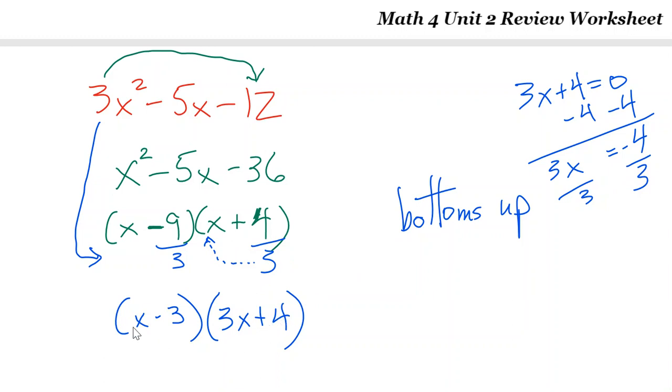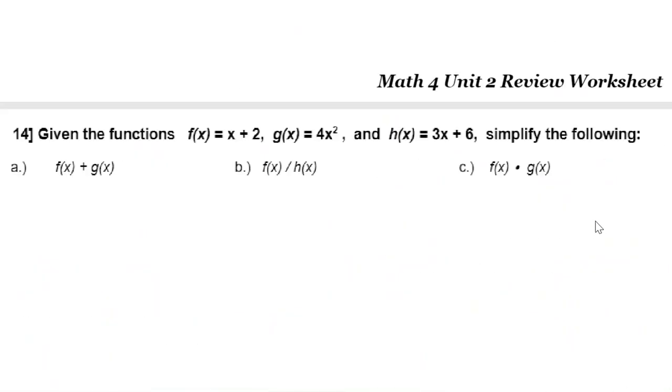But when I look at it, x times 3x gives me the 3x squared up front. X times 4 is 4x. -3 times 3x is -9x. -9x plus 4x gives me the -5x in the middle. And then the -3 times the 4 gives me the -12 on the end. So we have successfully factored this beast. And now we'll go back up and finish the problem.